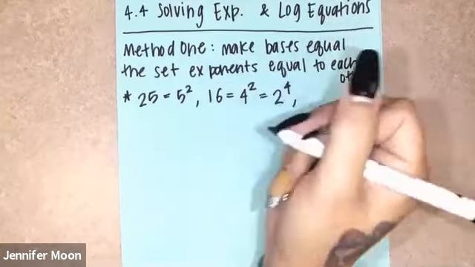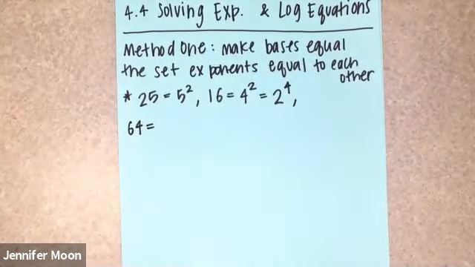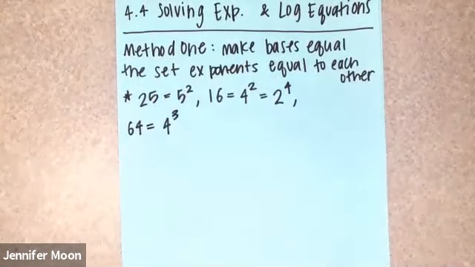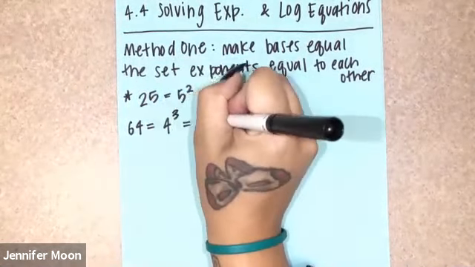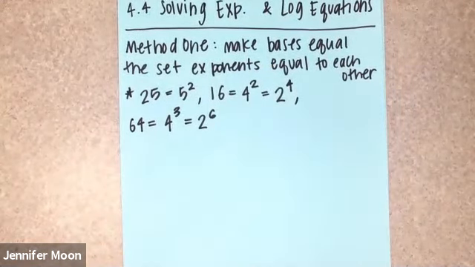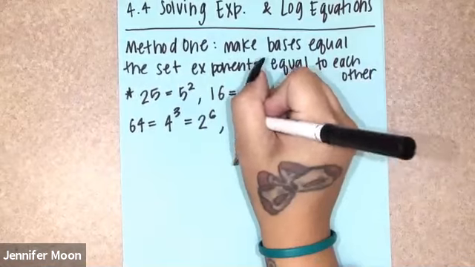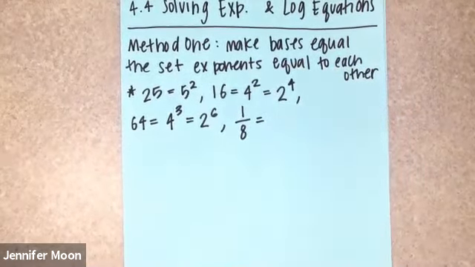I did a couple of different examples here. Say we have 64. If we needed a base of 4, 4 cubed is 64. It could also be written as 2 to the 6th. And then if we have 1 over 8, in order to get my bases the same, I needed to write it with a base of 2.